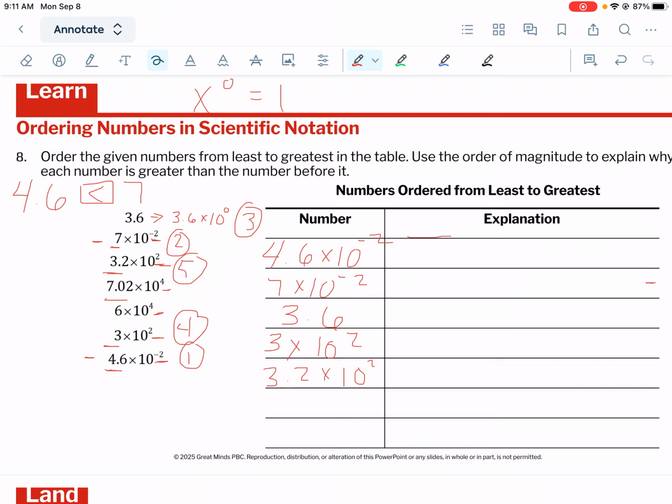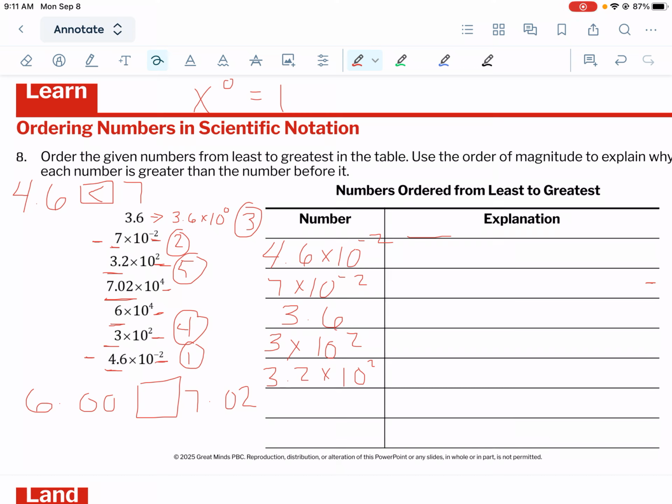Here though, since they have the same order of magnitude or the same n value, we're just going to rank and determine whether 7.02 is greater than or less than 6. For those of you who might be trying to figure it out, if it helps, just add a decimal and a couple of zeros on that 6. And then determine is it less than or greater than.